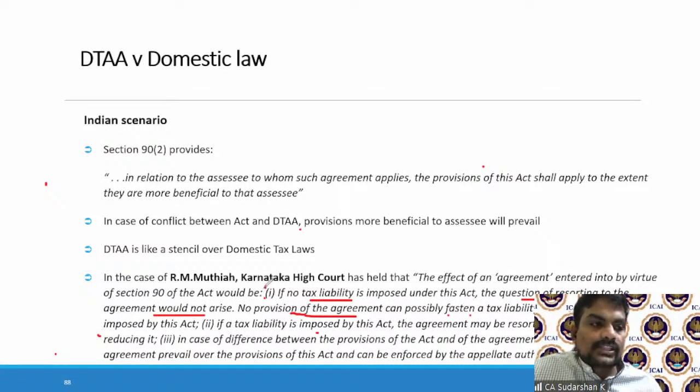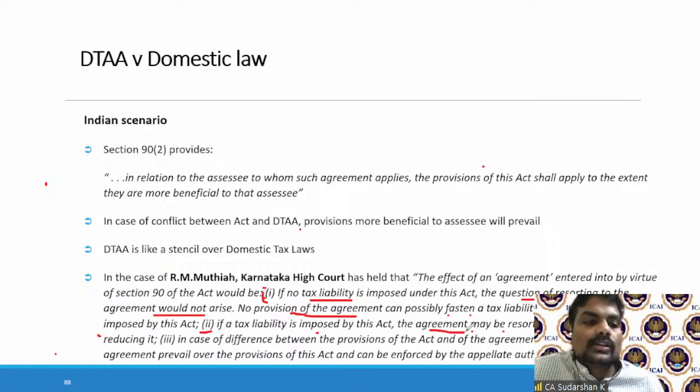Now, this is situation 1. No tax under the Act, no need to go to the treaty. Situation 2, if a tax liability is imposed by the Income Tax Act, the agreement may be resorted to, that is the double tax avoidance agreement or tax treaty. I keep using them interchangeably. When I mean tax treaty, I mean the double tax avoidance agreement.